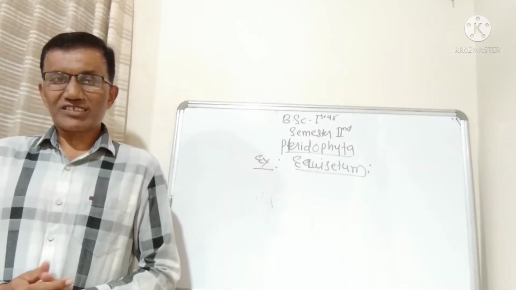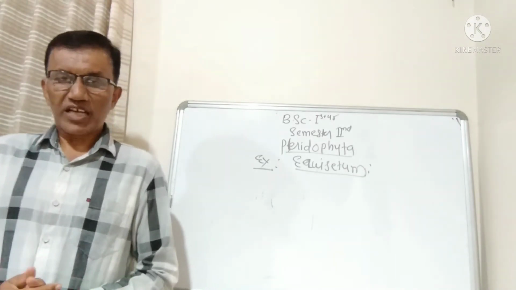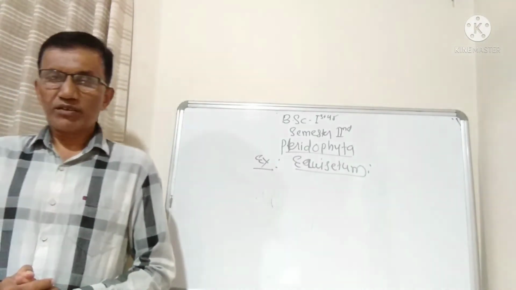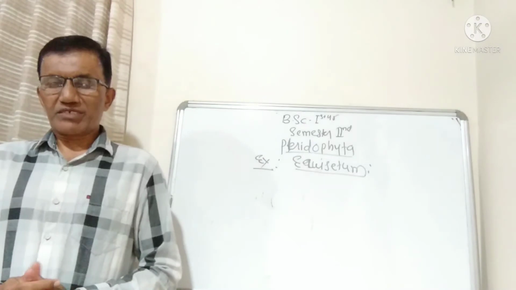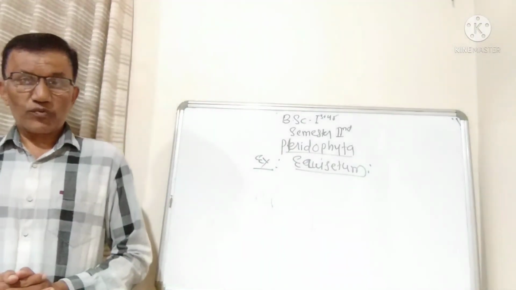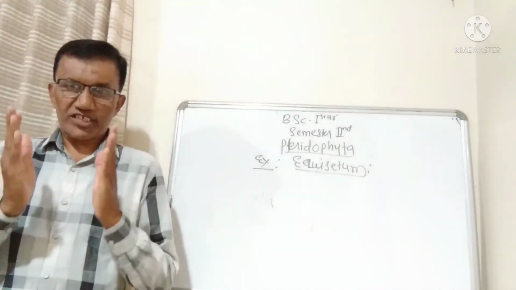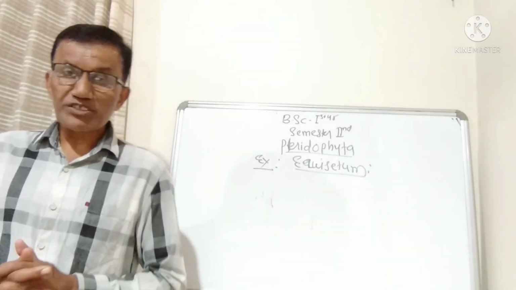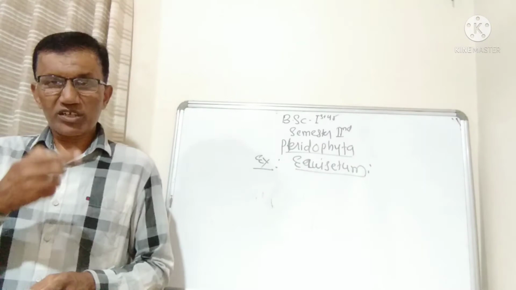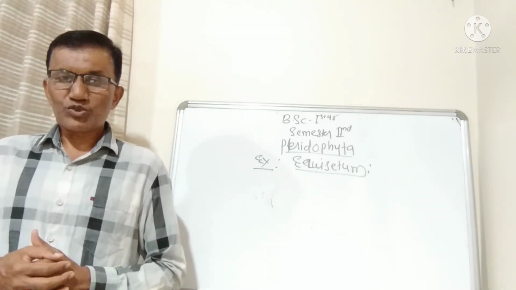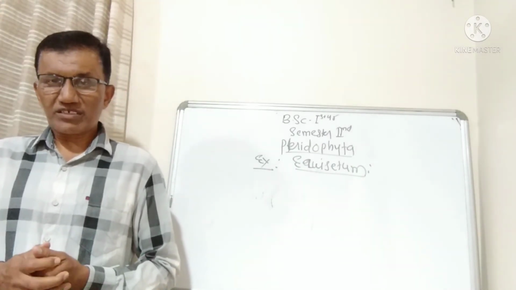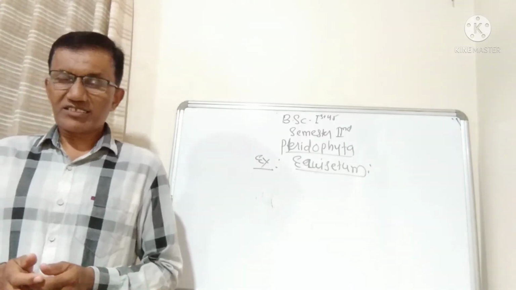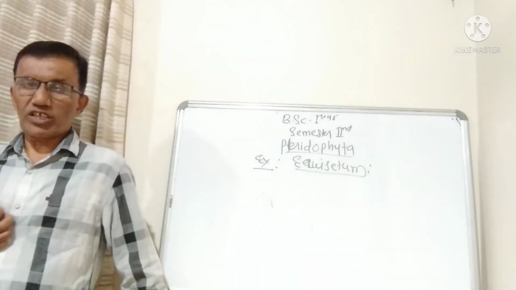The outer cortex is made up of collenchyma tissues, and the inner cortex is made up of parenchyma or sclerenchyma tissues. Due to the hollow nature, there are certain small cavities in the cortex. These cavities are nothing but vallecular canals. They are commonly known as vallecular canals.